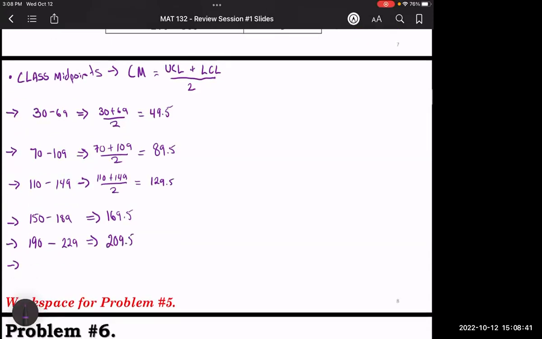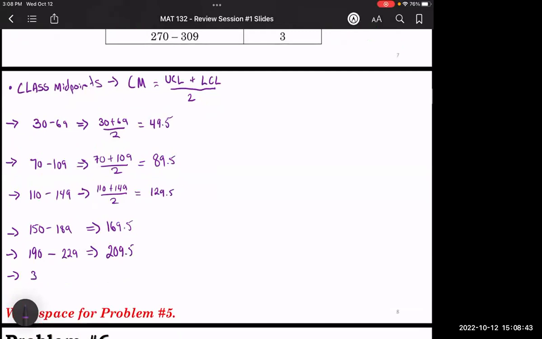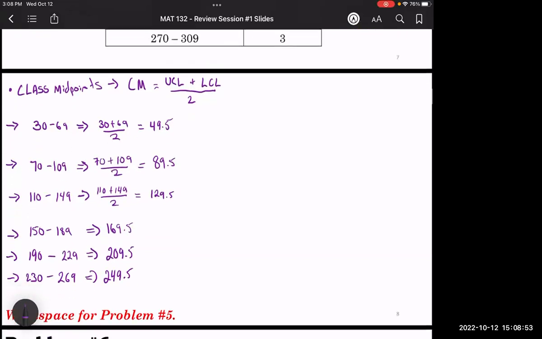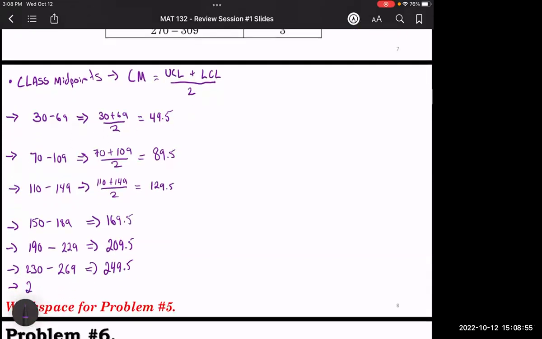The next class, 230 to 269: 249.5. And lastly, for 270 to 309, that would be 289.5. All right, so after you do a few of them, all you have to do is recognize that it's going up by the class width. Then you just add the class width to get the rest of your class midpoints. Any questions?